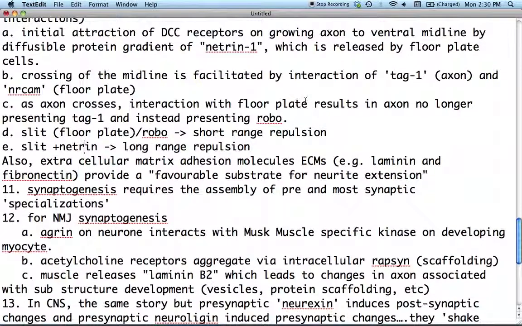So let's see if I can do it without looking at the computer screen. Long-range attraction is DCC and netrin-1. Short-range attraction is TAG1 and NR-CAM.